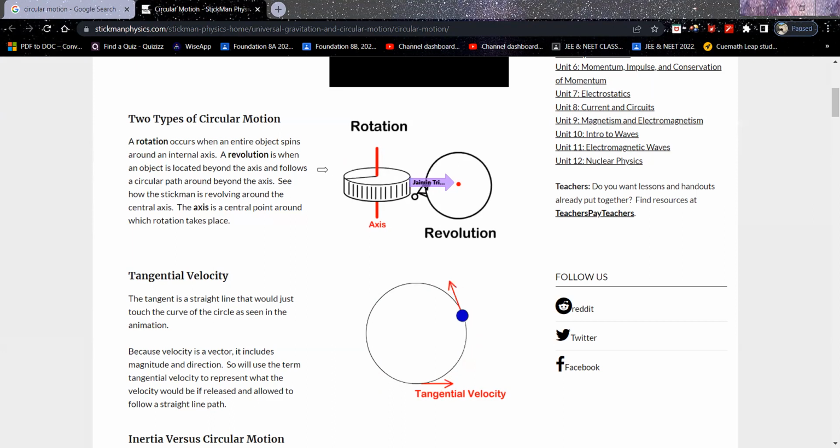I want you to observe this diagram. It's not a diagram. I think it's a GIF. Not even a GIF. Okay, it's a stickman. So, can you observe this? Are you able to understand now the difference between rotation and circular?